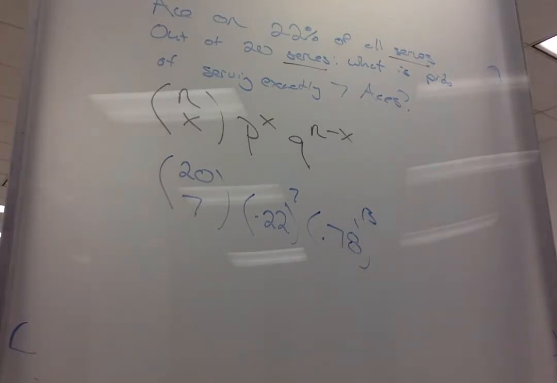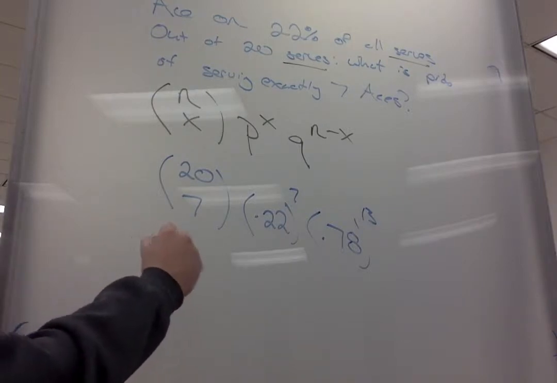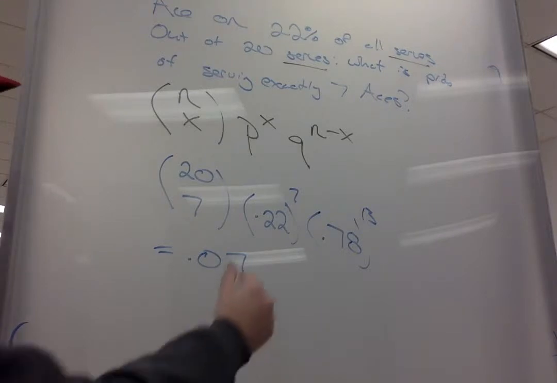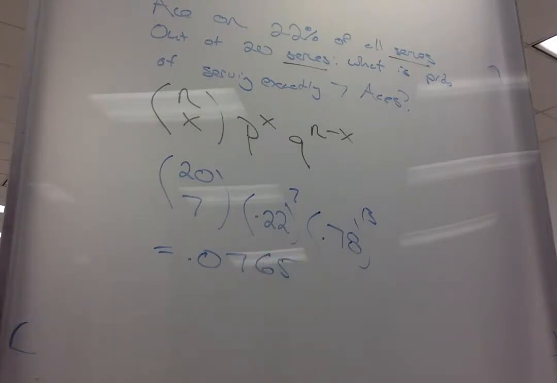Let's go ahead and get that written out real quick. Again, feel free, guys, if you need some guidance on how to plug these into your calculator. Lots of people do. Just feel free to shoot us a message and ask. The probability here is going to end up being 0.0765 rounded to 4 decimal places, so about 7% of the time.